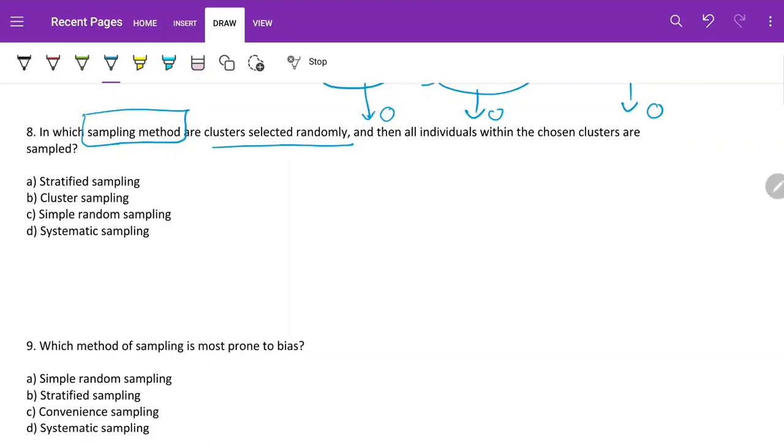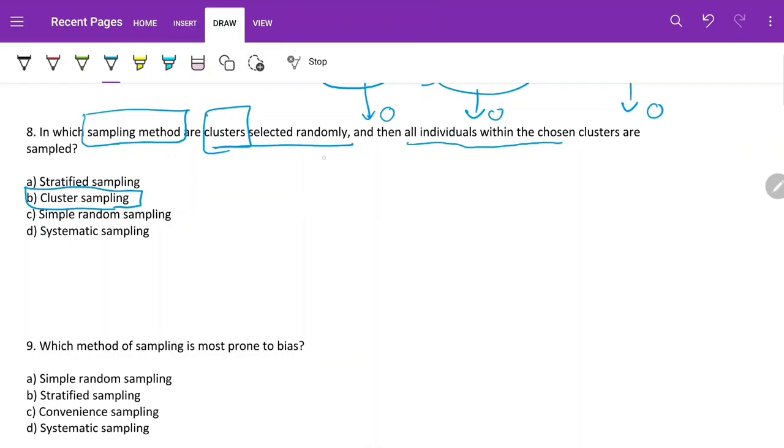Clusters are selected randomly and then all individuals within that cluster are chosen for the study.